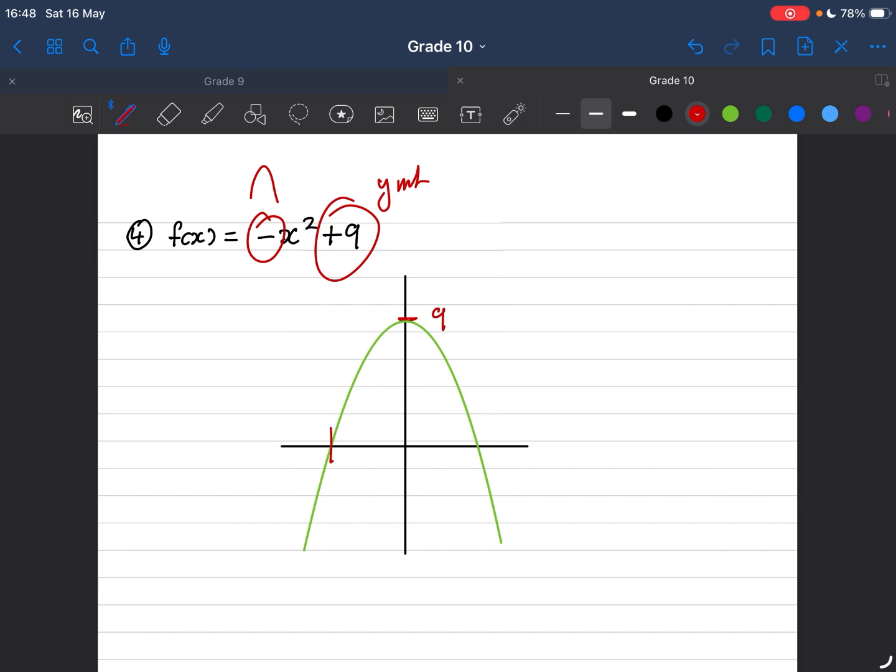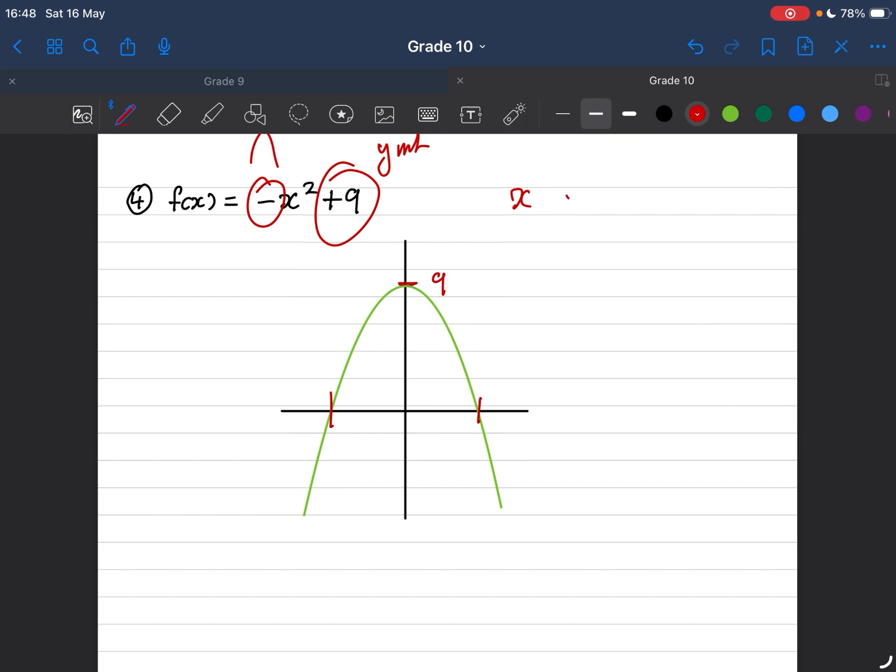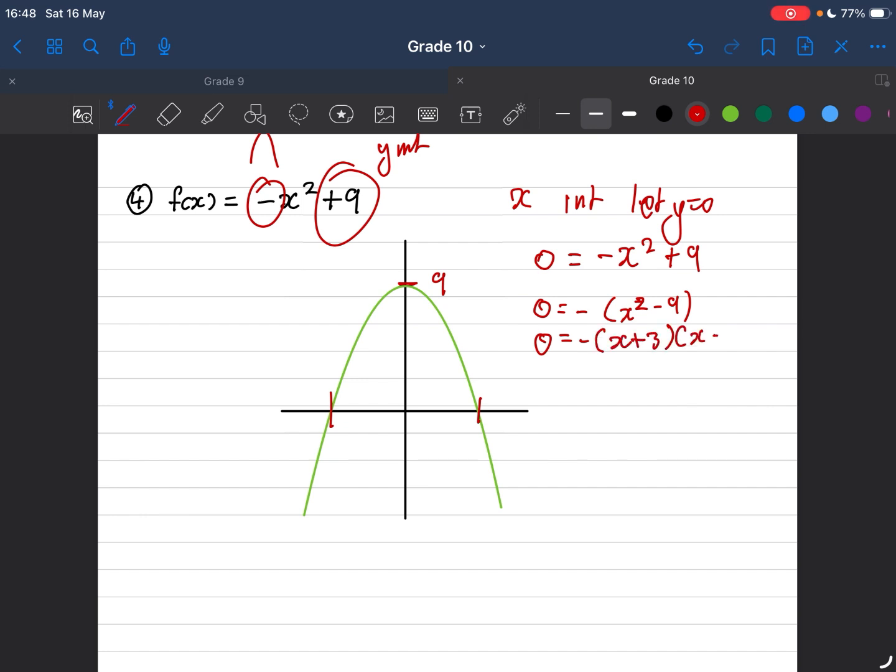Again, we realize we have two x-intercepts, so we need to find those. For the x-intercepts, let y equal 0. So 0 is equal to negative x squared plus 9. We can factor out a negative, so you'll have negative times x squared minus 9. Then x squared minus 9 can be factorized using difference of squares as x plus 3 and x minus 3.